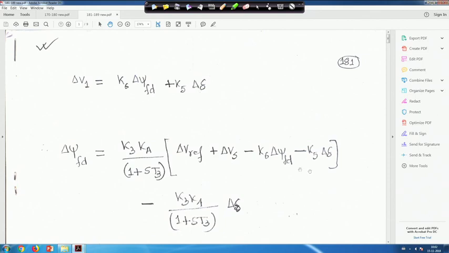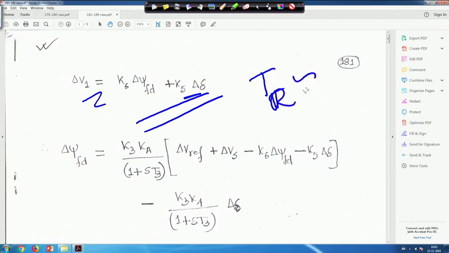So here you substitute, I mean from that block diagram, that is the previous figure, delta V1 is equal to this one, and your TR is neglected, TR you have neglected, right. So directly you substitute delta V1 is equal to this one, and then minus K3 K4 upon 1 plus ST3 delta delta, right.